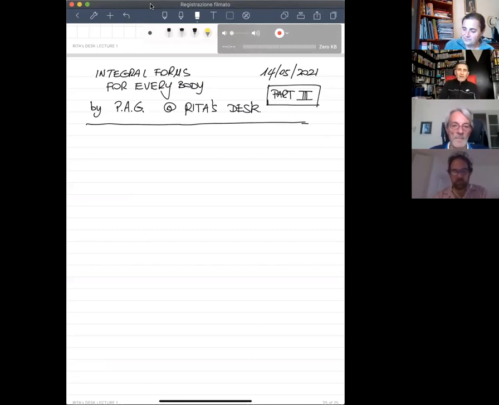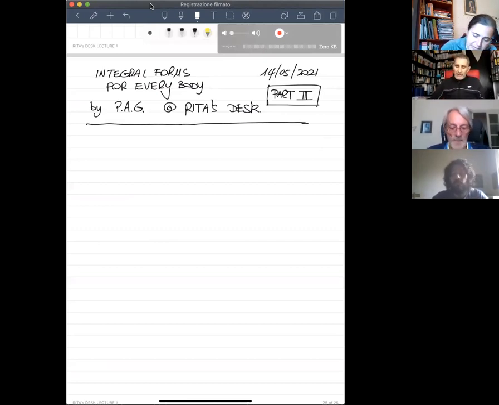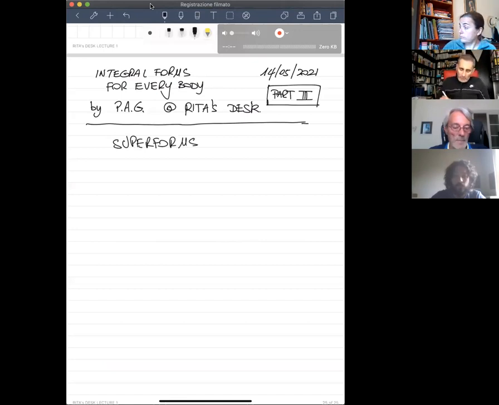Okay, very good. So let me first recap a little bit what we have discussed last times, and let me give you a very simple overview. We have three types of objects that we discussed. We have the superforms, and I will denote the superforms by these symbols: omega, p/0.